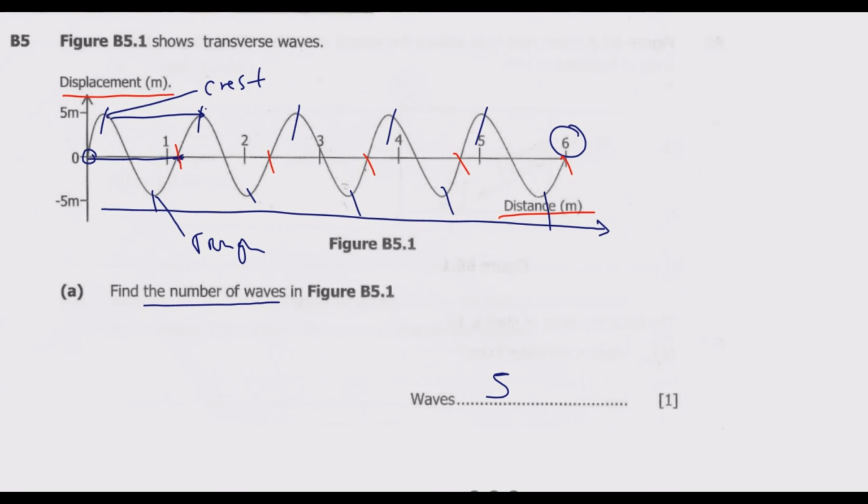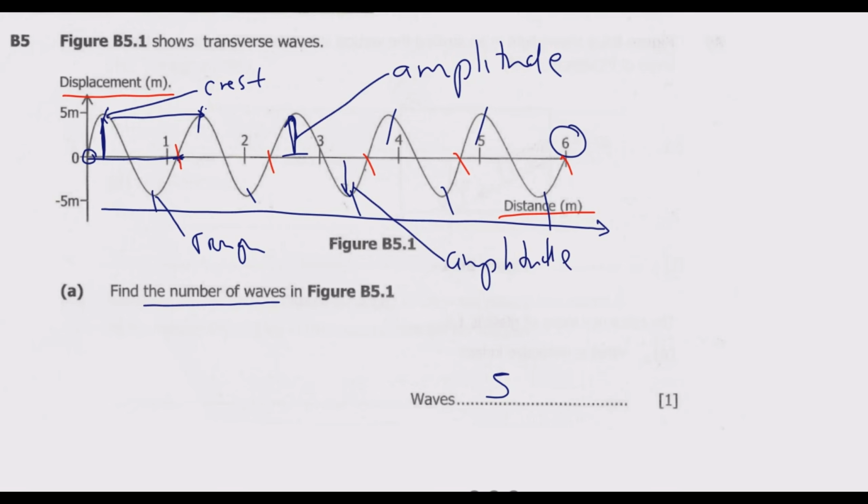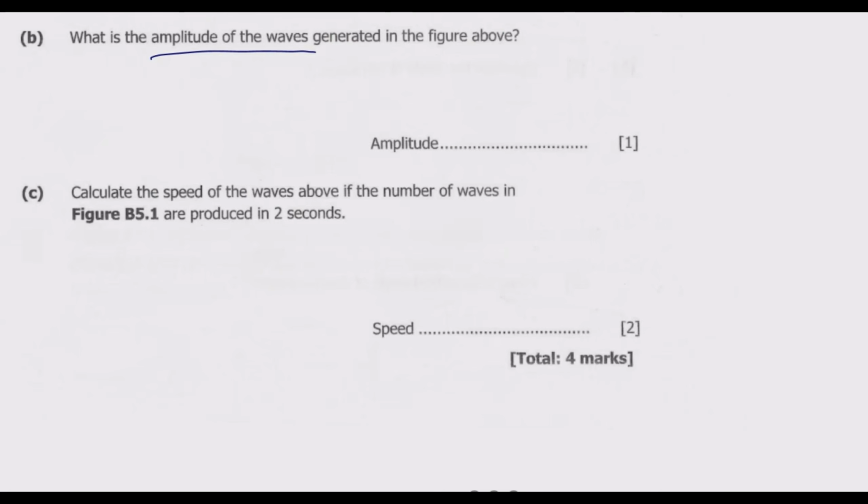So the distance from here to here is an amplitude, or from here to here, or from here to here, which is also an amplitude. That's the distance we are being asked to find, and we've been given the height. This height is 5 meters. So 5 meters is how we find the amplitude.